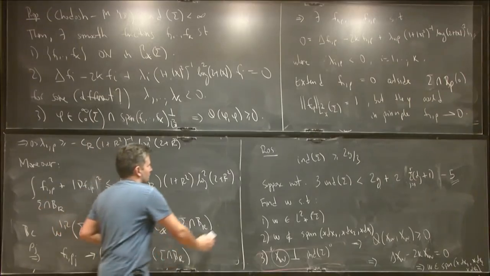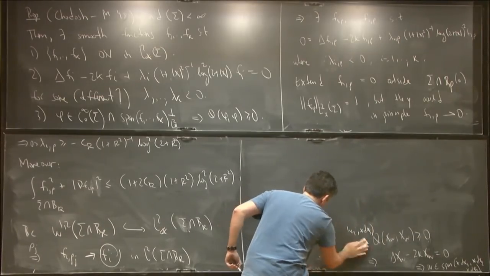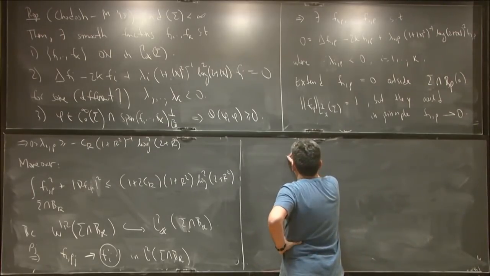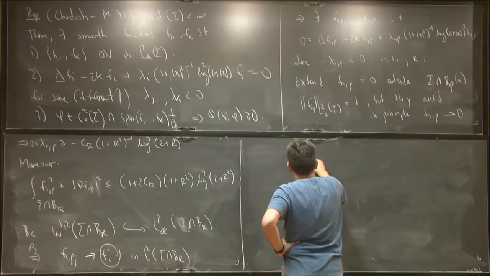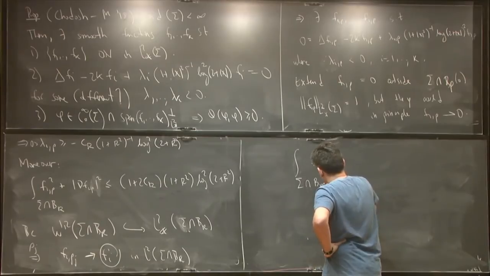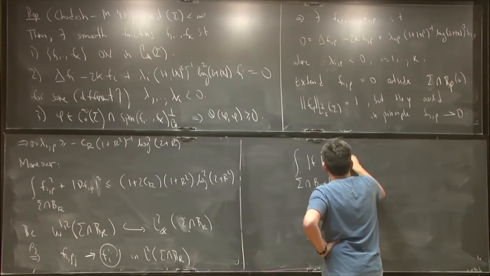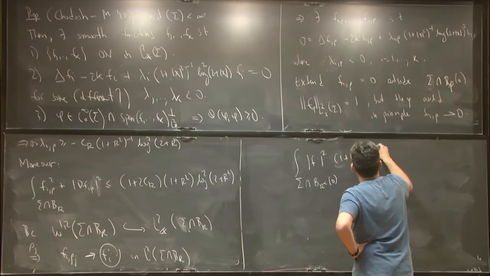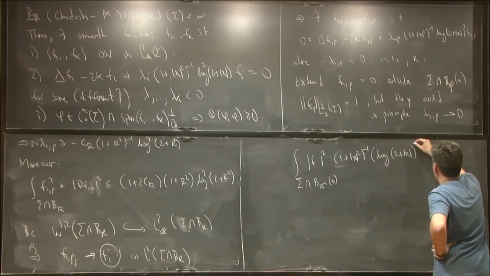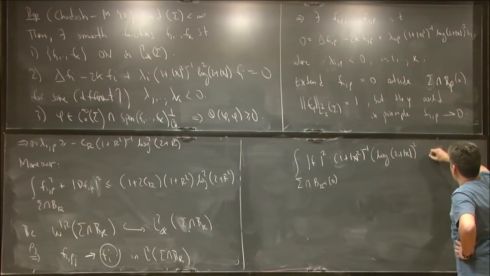We need a bound: we need somehow that the integral of f outside some ball of radius r^alpha, and then the weight here, we need this to be like 1 over r, right?